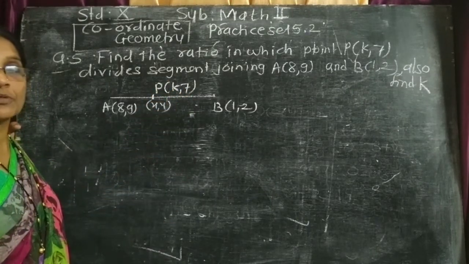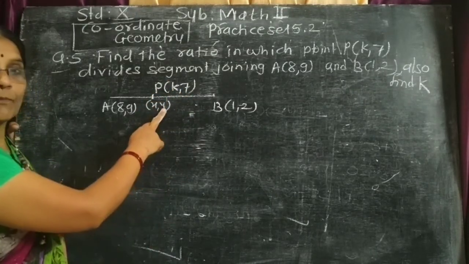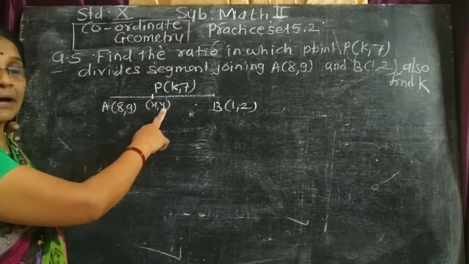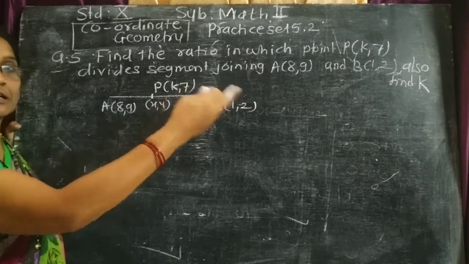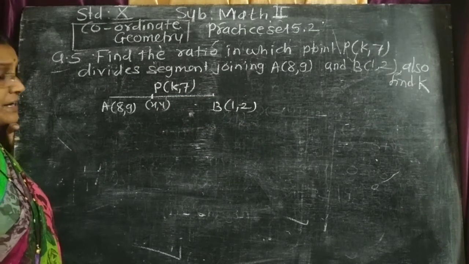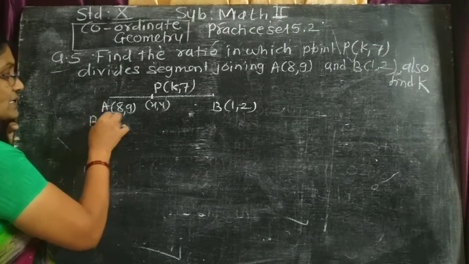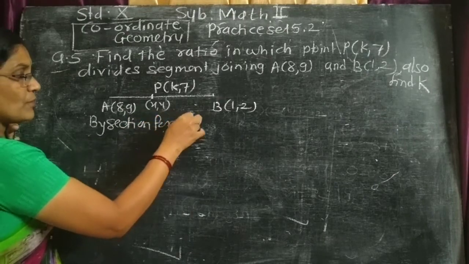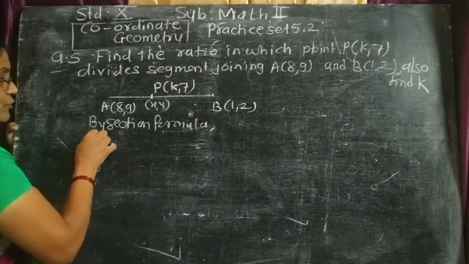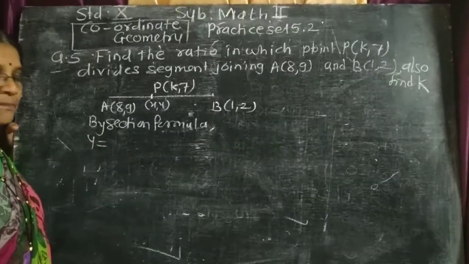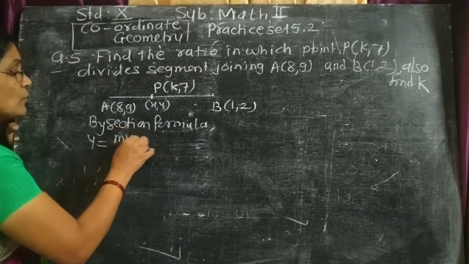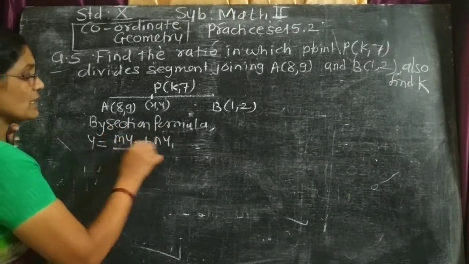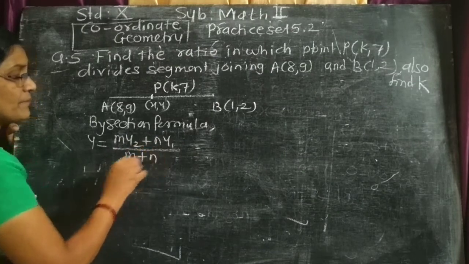By using the section formula, first we solve for the ratio using the y coordinate, and after that we can find the x coordinate. Here we write by the section formula, y, the y coordinate of this point P, is equal to (m y2 + n y1) upon (m + n).